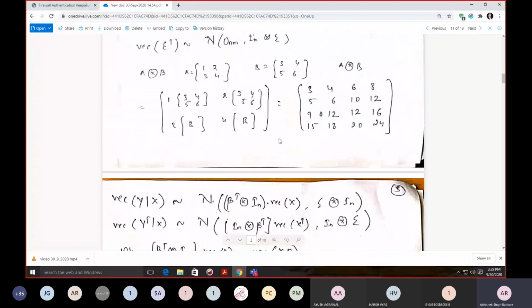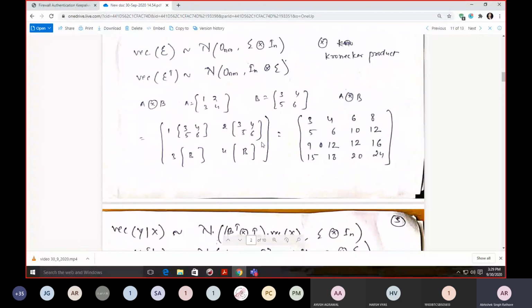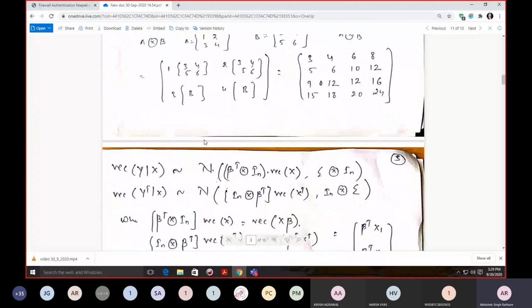Thank you. So we are focusing on the conditional distribution. We are finding this vector y, where y_i corresponds to x1, x2, x3 up to xn. Again we are considering the distribution of y given the x value.